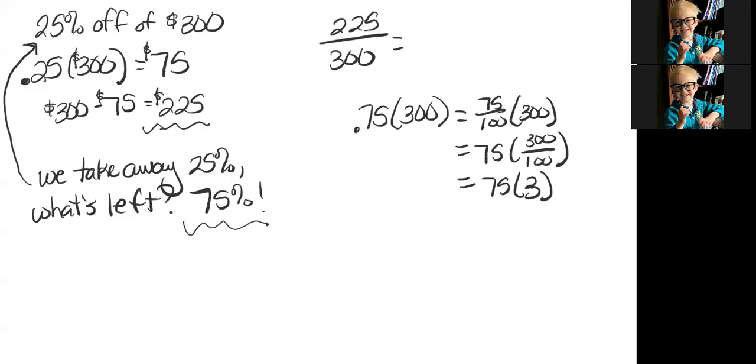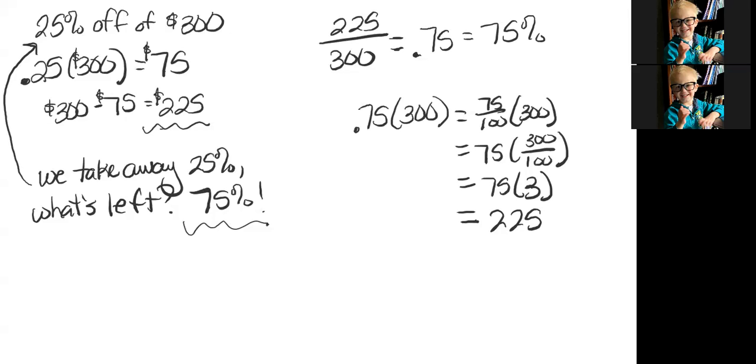And now, 75 and 75 is 150, plus another 75 would be 225. And if you did this division, 225 divided by 300, you would see that that is 75%, 75 hundredths.